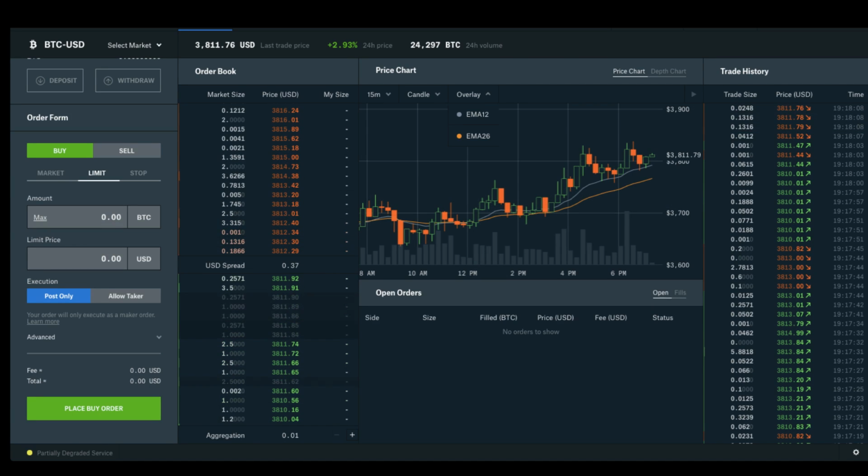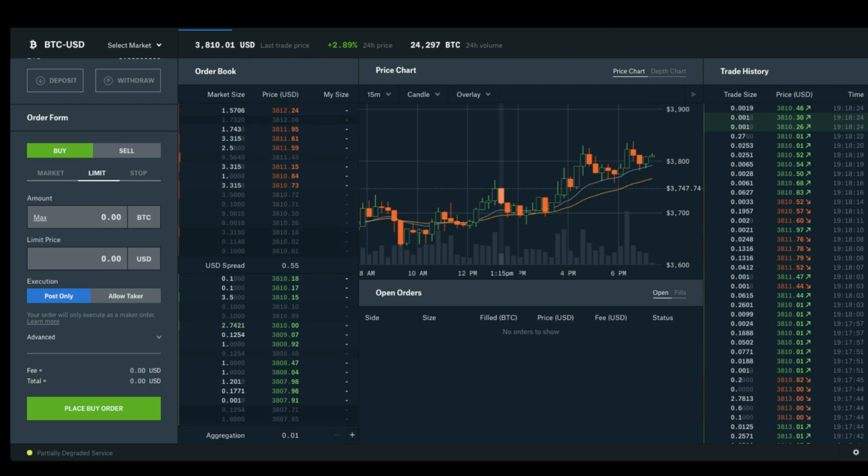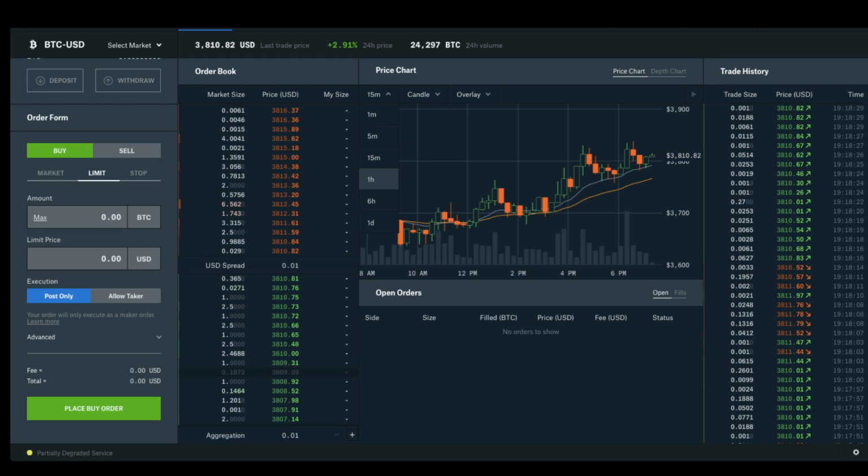If the shorter moving average, the 12, crosses above the 26, it's bullish. We see here that the blue is underneath the orange, it crosses over, and then the price keeps going up, right? So that's saying this is a strong trend up. If it's flipped to where the blue goes underneath the orange, that is bearish, which means the price should be going down.